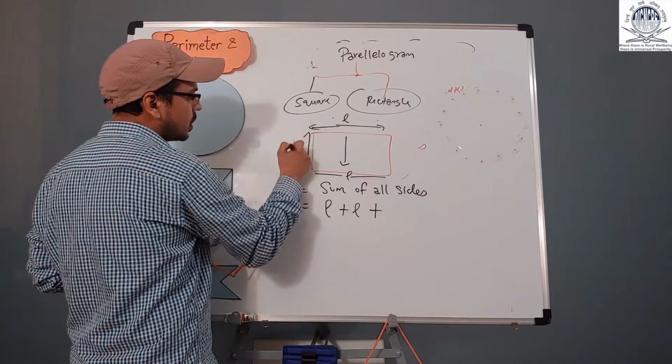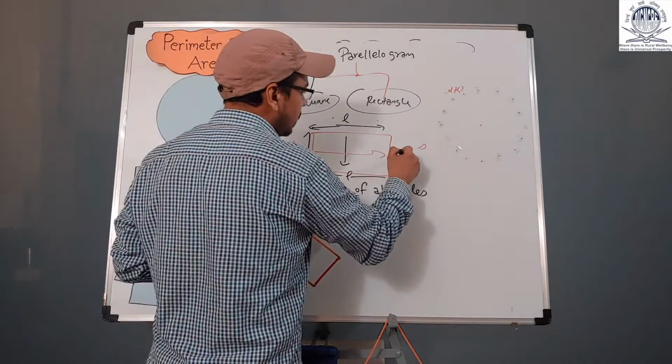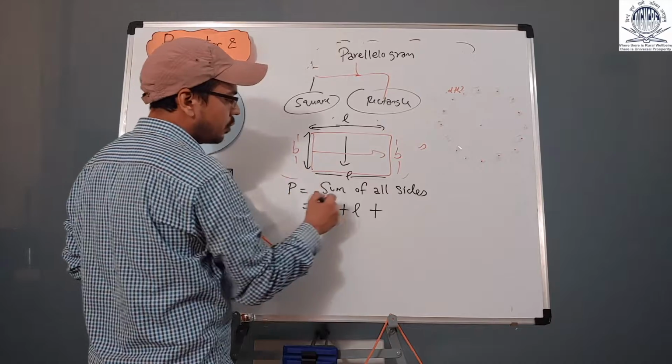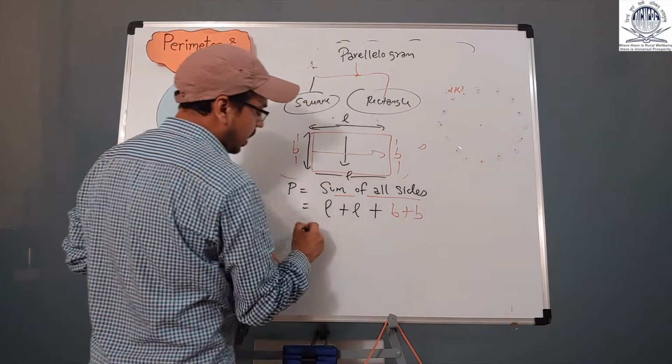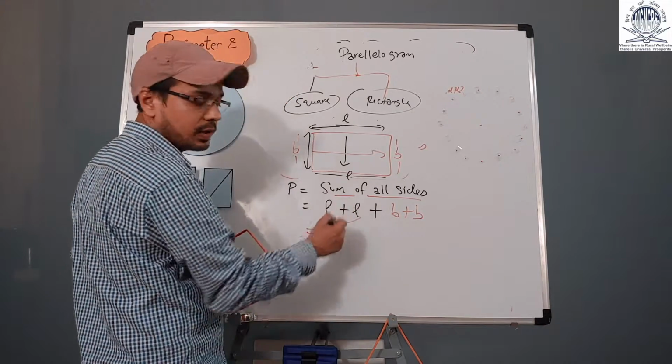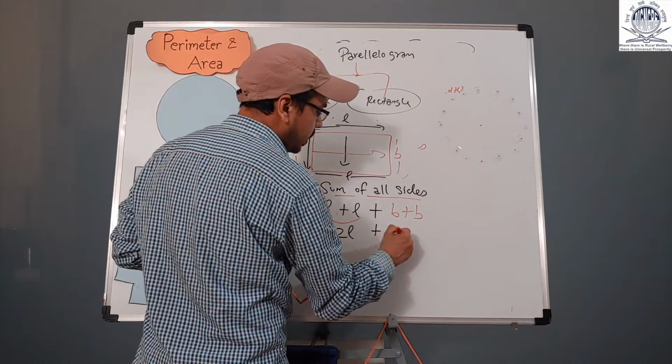This is B, but this opposite side is also the same as B. So the sum of all the sides will also have B plus B. When we add both of them, this becomes 2L and this becomes 2B.